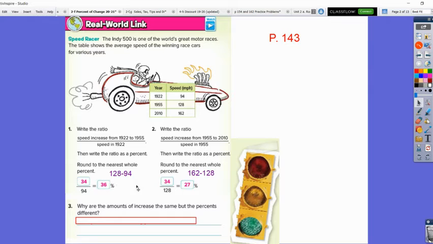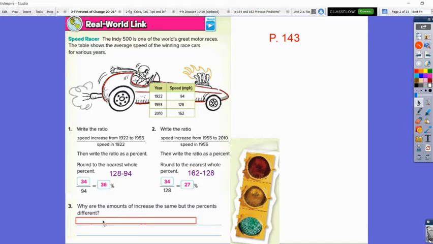So notice that in both of these situations, even though the amount of change was the same, 34 miles per hour, the percent of increase was bigger from 1922 to 1955 than it was from 1955 to 2010. Why are the changes the same, but the percents different?